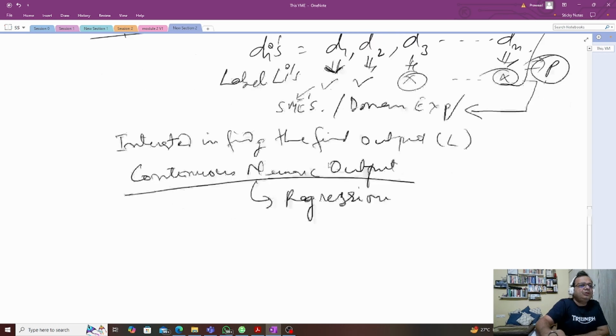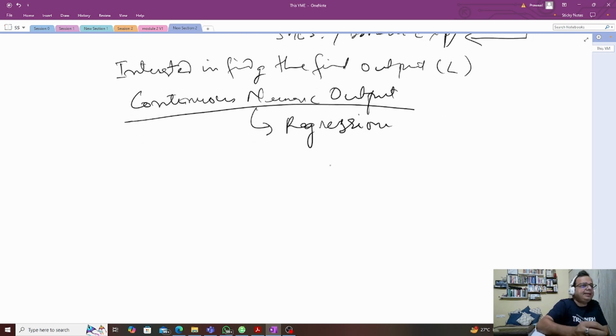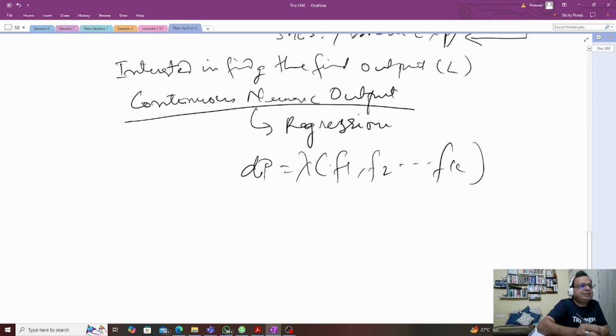Okay, so what I meant to say is that if there is a data point I, which is nothing but a set of features, and we pass them to a function lambda, the output is going to be a numerical value.